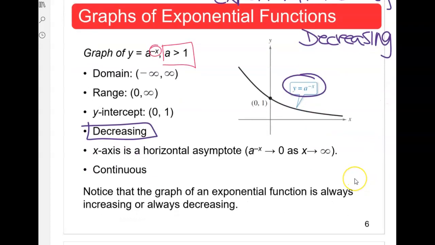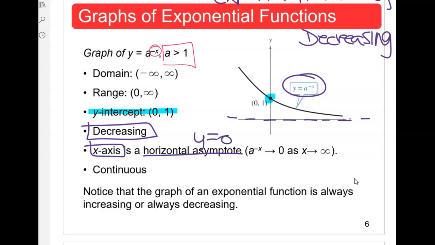Okay, so we have the same y-intercept, you could see it here, (0, 1). We have the exact same horizontal asymptote right here. That will be the x-axis, the horizontal asymptote, or the line y equals 0.